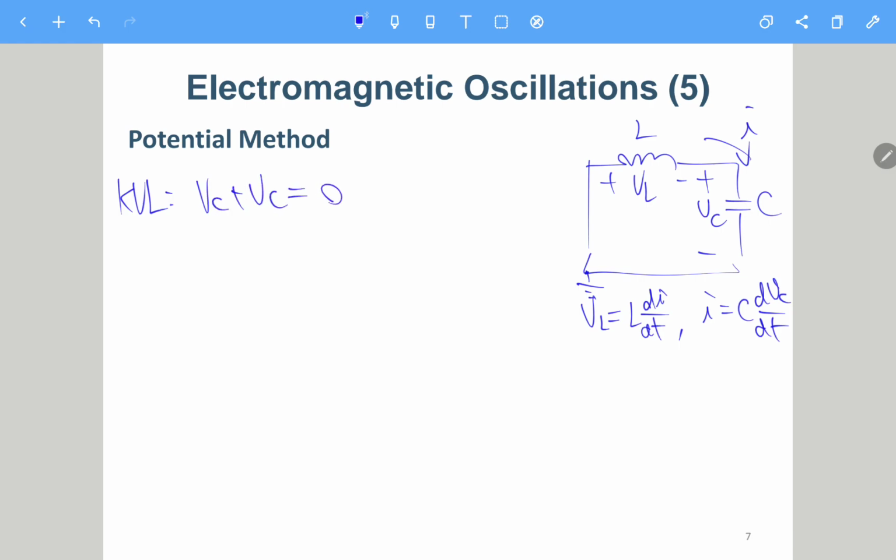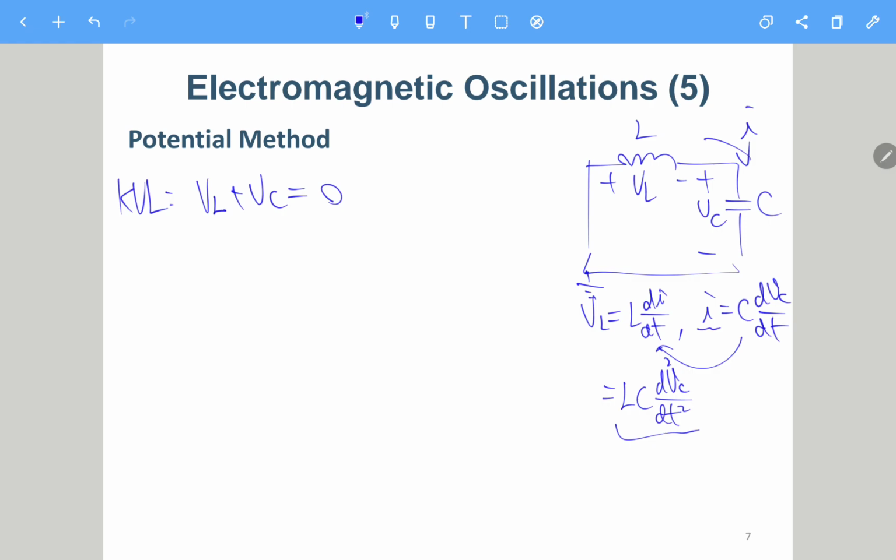Here, this I, we can actually put into here. So we should have LC times the second derivative of VC like this. We just plug this in, so this is VL.